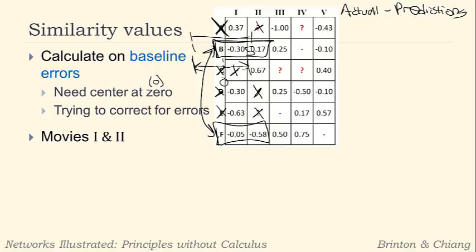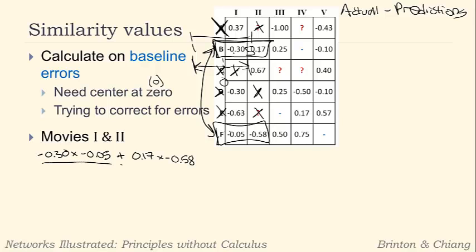So for movies 1 and 2, we're just going to apply that equation that we had before. We multiply B1 times F1, so we do negative 0.30 times negative 0.05. And then remember, we add the product of the terms. So we do this times this plus this times this. So then we add 0.17 times negative 0.58.